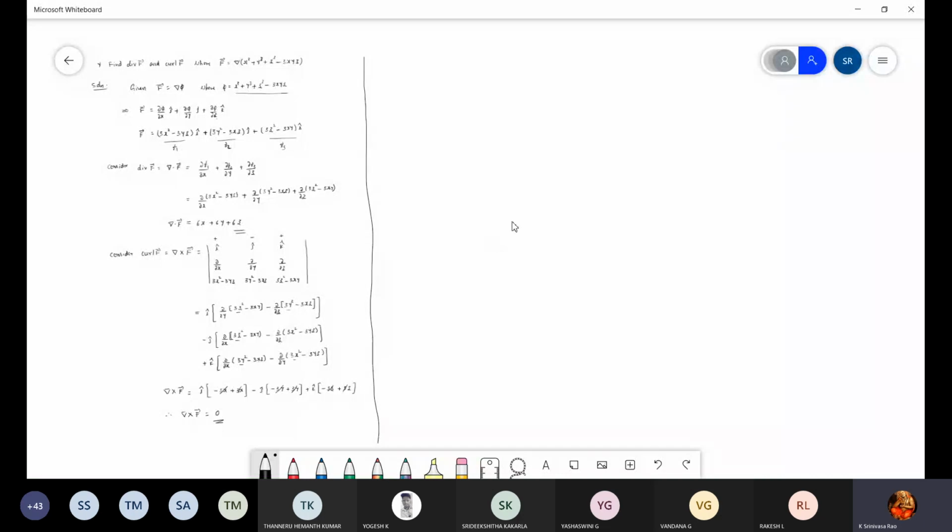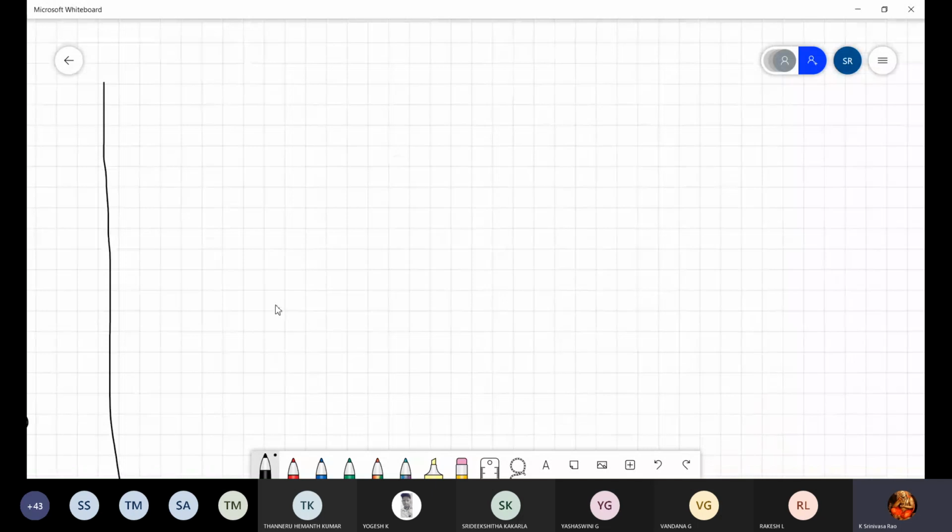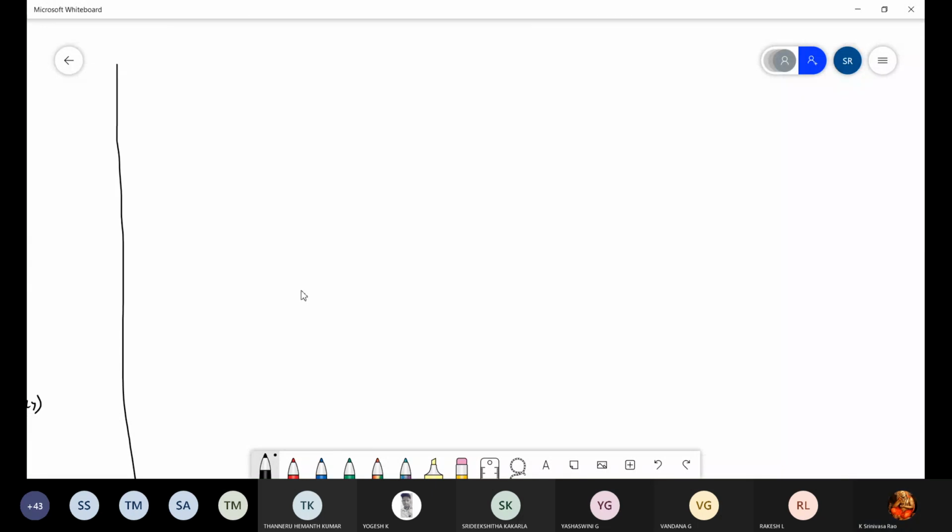Yes, next problem. Given f equals grad. Instead of a symbol, they may give it in word format also.